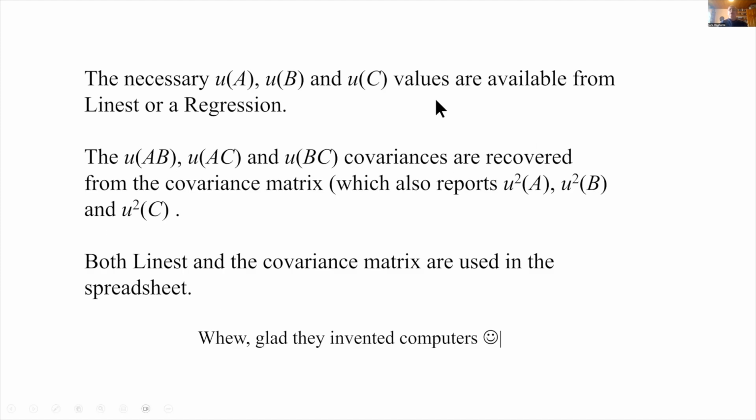This is done by, just as pH meters measure pH, computers do calculations. Any regression program that you use will give you back the standard errors in A, B, and C from the regression. And many of them will give you back the covariances.